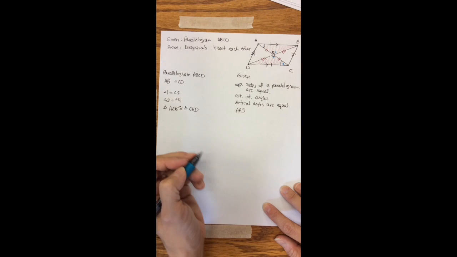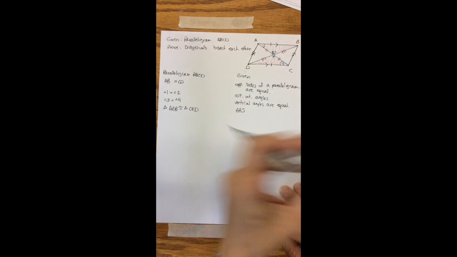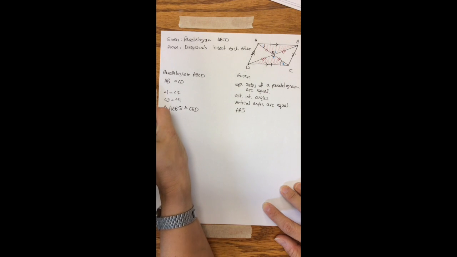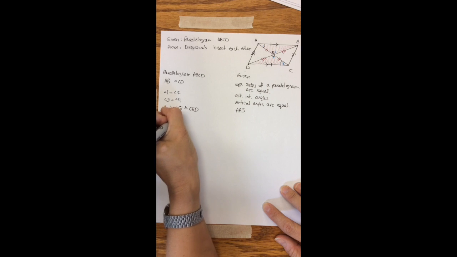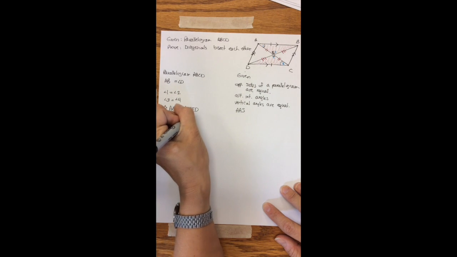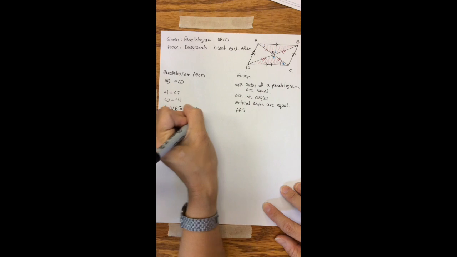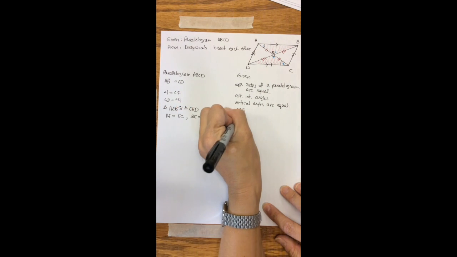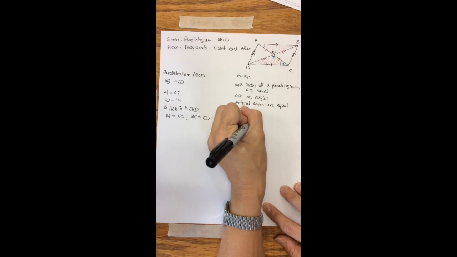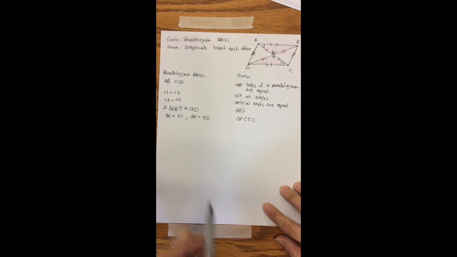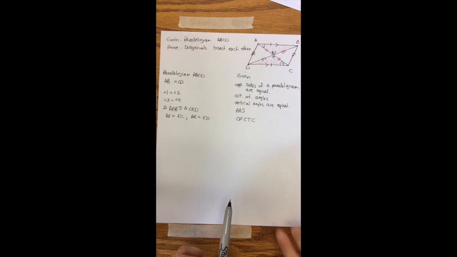They bisect each other, which means they cut them in equal pieces. So let's go ahead and write that down. AE is equal to EC, and BE is equal to ED because of corresponding parts of congruent triangles are congruent. And that's what we were trying to prove, that diagonals bisect each other. That one wasn't too bad.